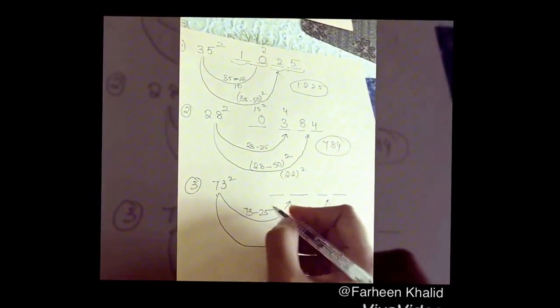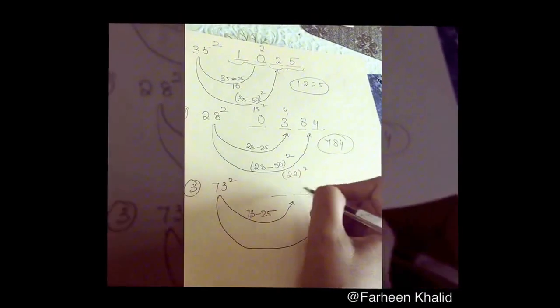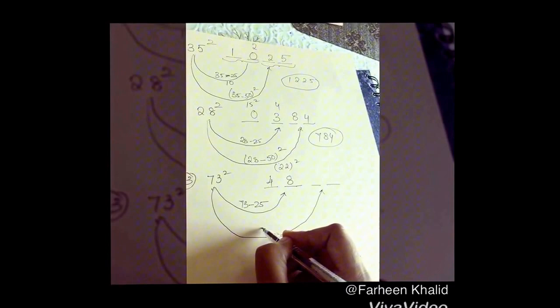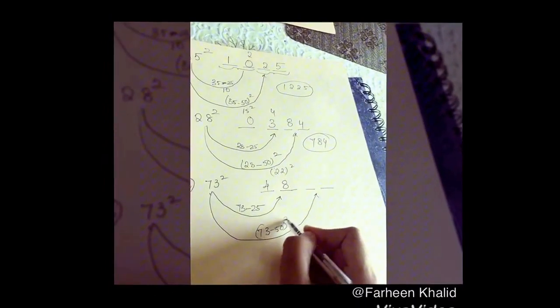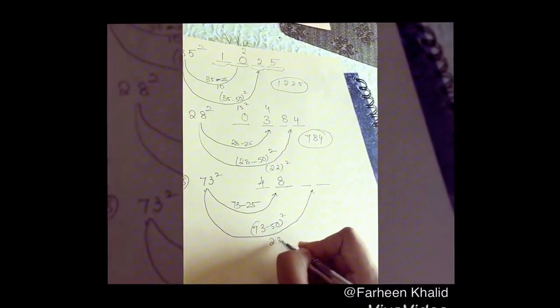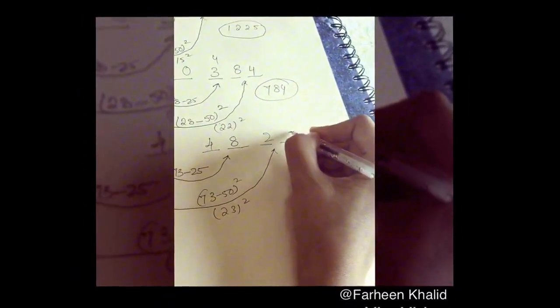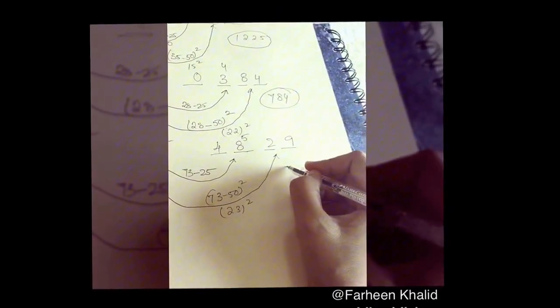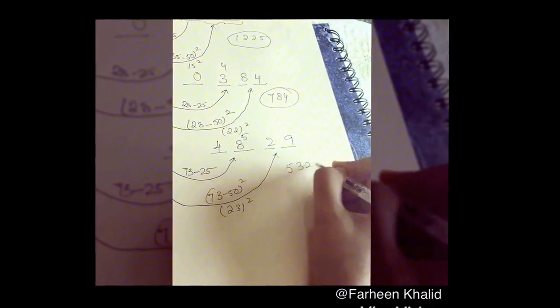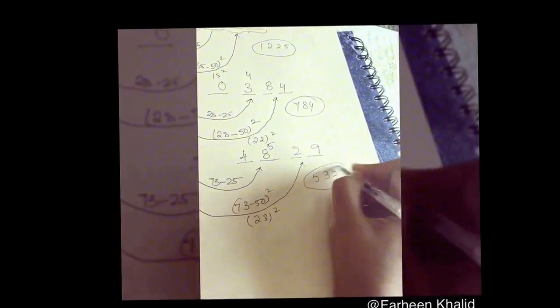Okay, 73 minus 25 is supposed to be 48, and then you have 73 minus 50, and you square it, which is supposed to be 23 square. So 23 square, as you can see here, is 529. So you put a 29 here and you carry over the 5, which makes it 5329. So that's your answer.